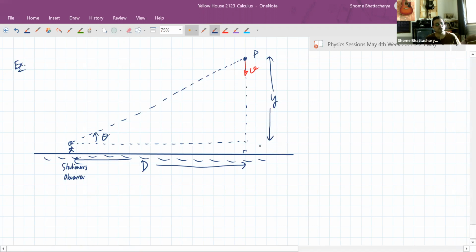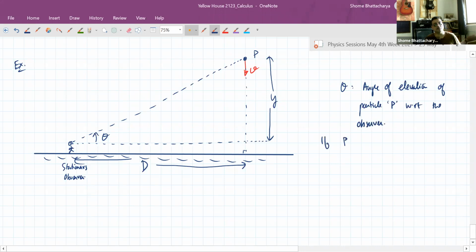So that particle or point P has an instantaneous angle of elevation theta with respect to this observer. So theta here is the angle of elevation of the particle or point P with respect to the observer that is shown.